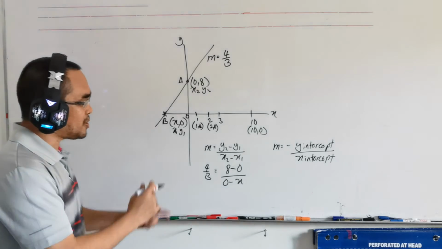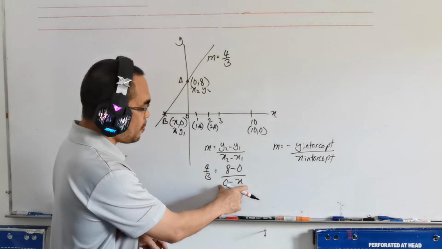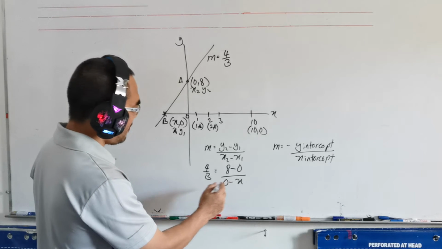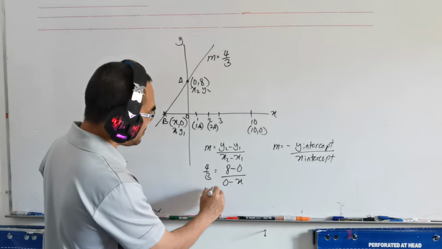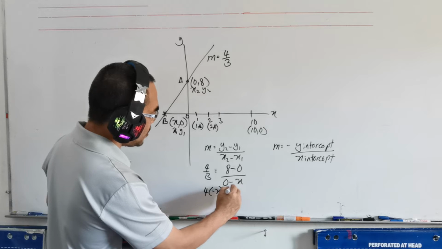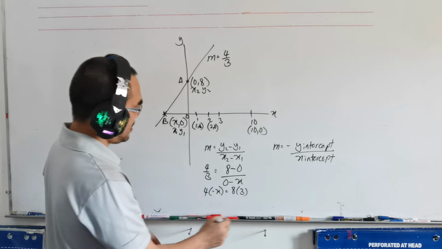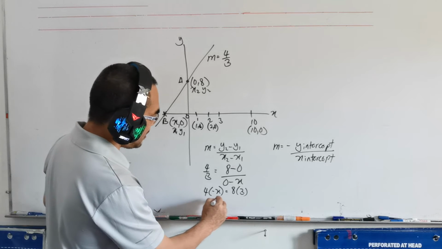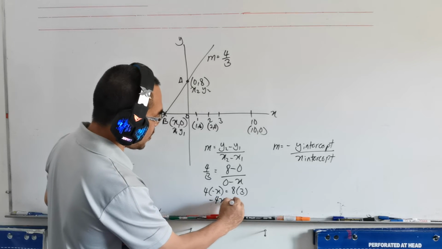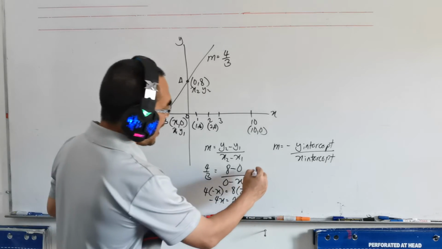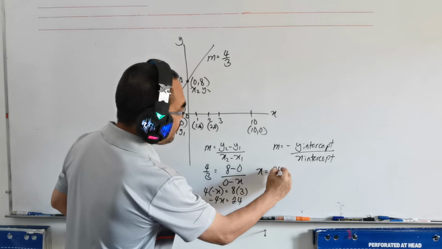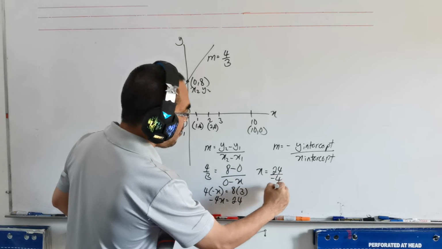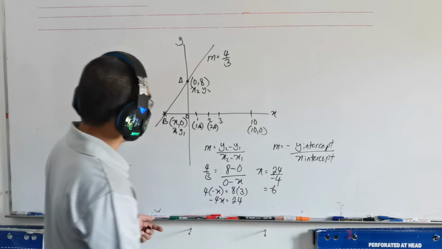So you have to cross multiply. 0 minus x will be negative x. So 4 times negative x equals 8 times 3. Then you get negative 4x equals 24. So x will be 24 over negative 4, which is negative 6.